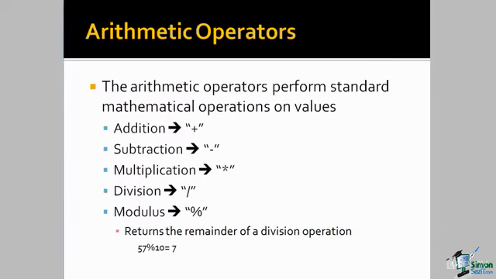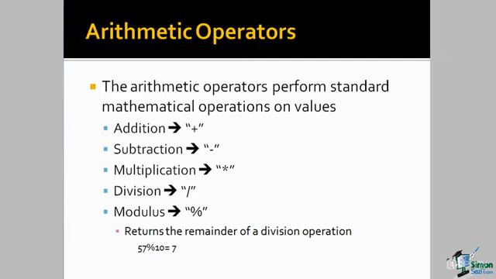PHP. So the first set of operators are the arithmetic operators from grade school: addition, subtraction, multiplication, division. The one here that might not be familiar to everyone is the modulus operator. The modulus operator returns the remainder of some division. So in the example here, we have 57 divided by 10, or 57 modulus 10.